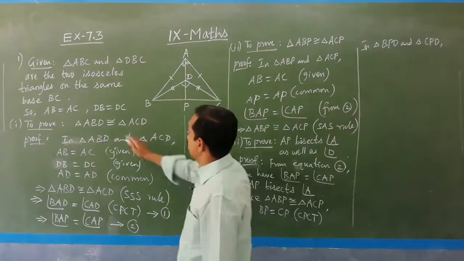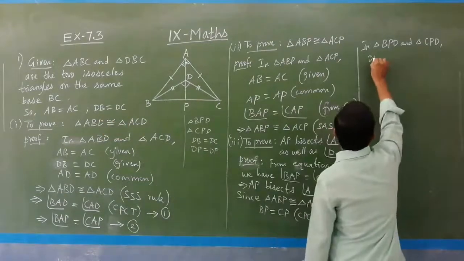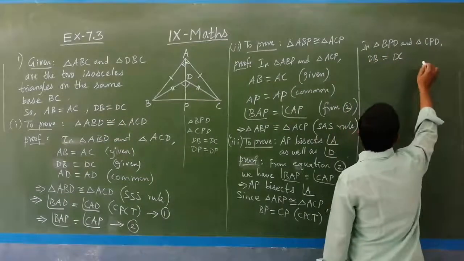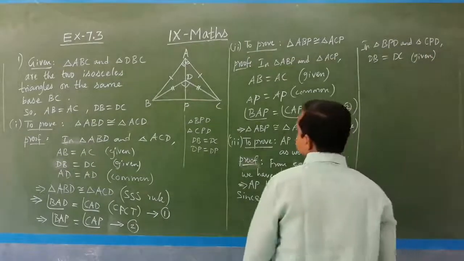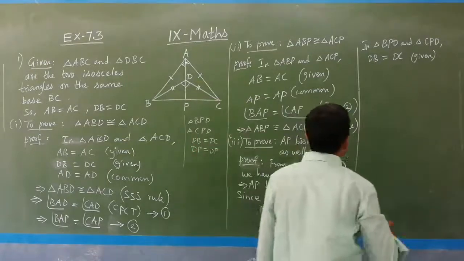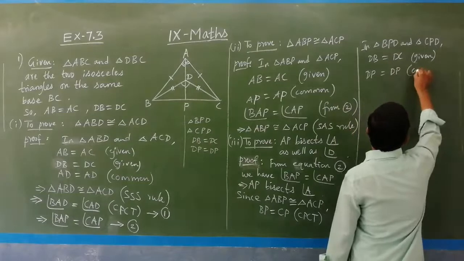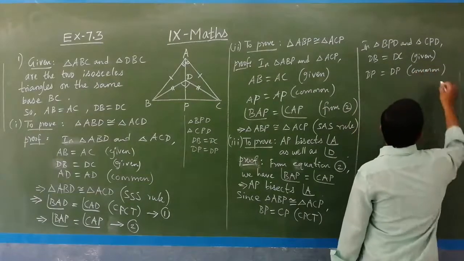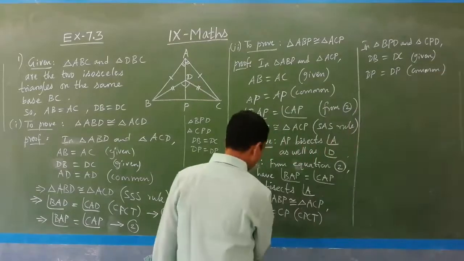Already we said DB equal to DC, it is given, and then DP equal to DP, common side, and then here BP equal to CP.